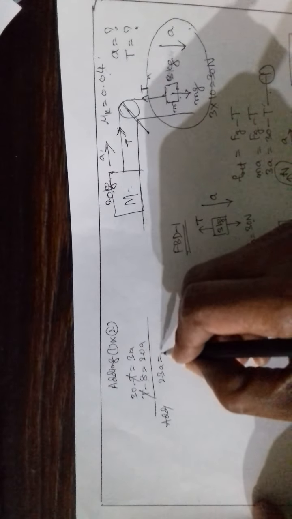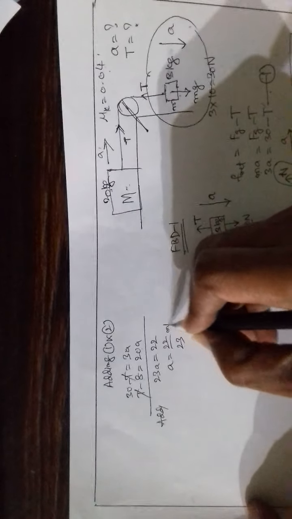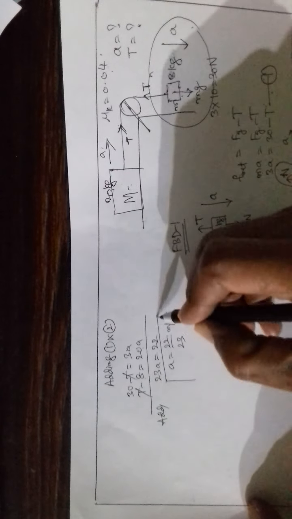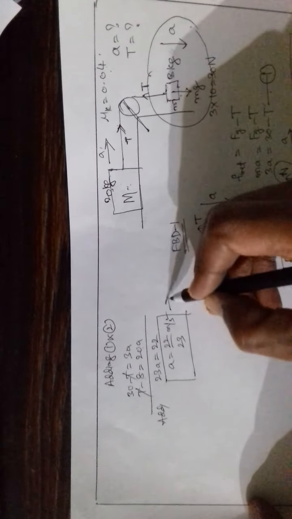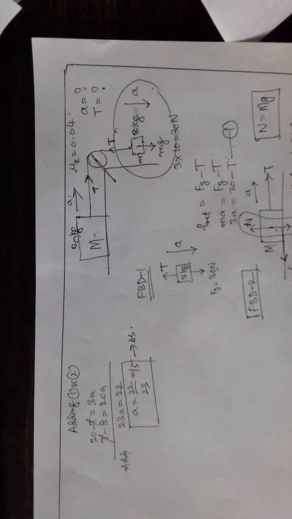Adding, plus T minus T cancel. 20A plus 3A, 23A. 30 minus 8, 22. A is equal to 22 by 23 meter per second square. So we got the initial acceleration.